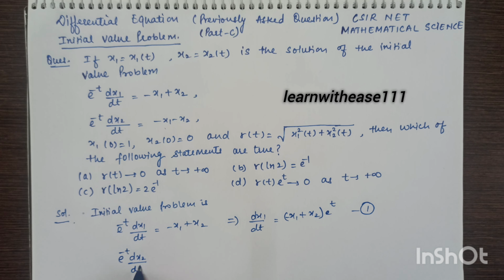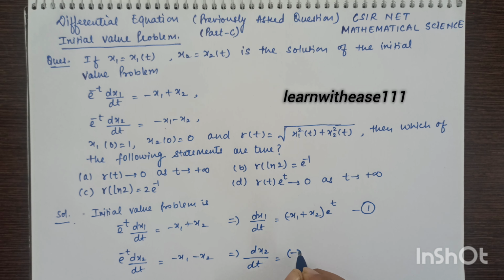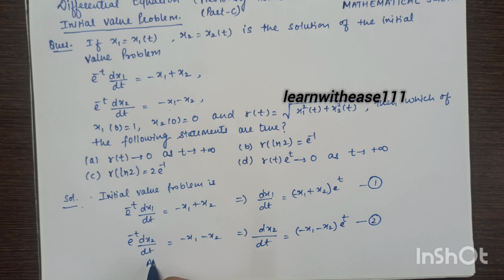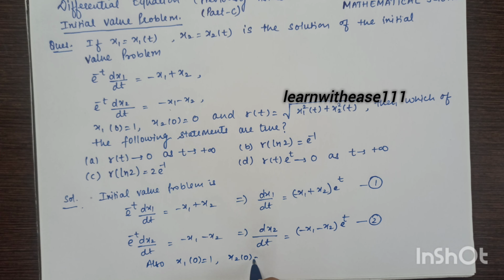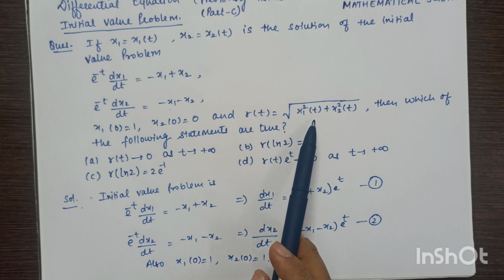Similarly, dx2 by dt we can find from the second differential equation, and this is equation number 2. Initial conditions are also given. We'll be using them to find the constants involved. We need to find r as a function of t to solve these conditions.